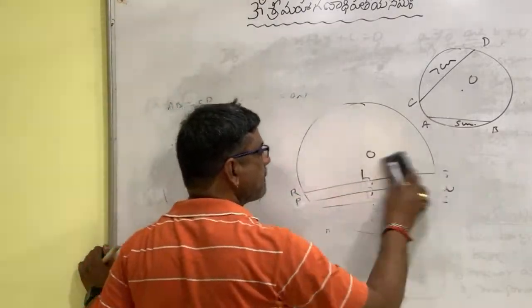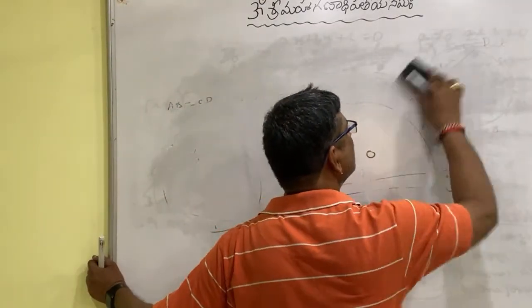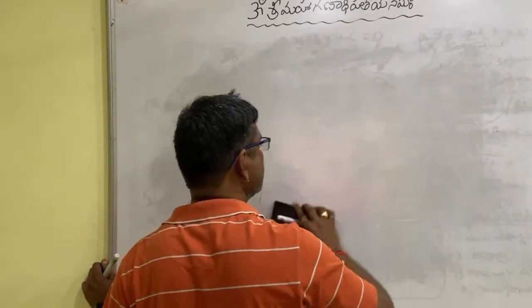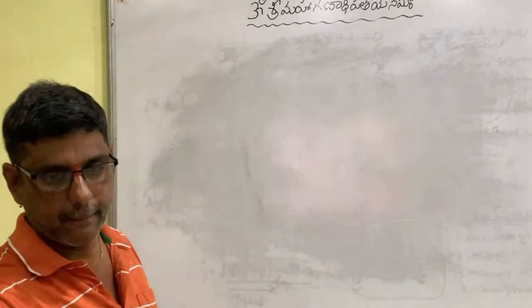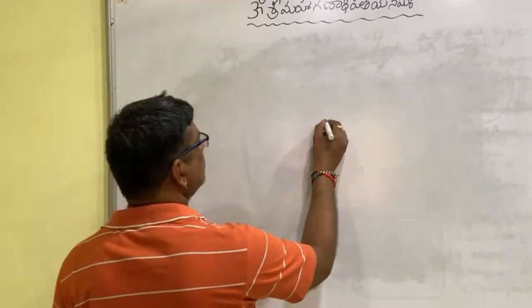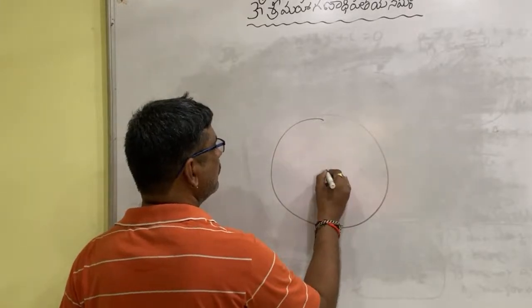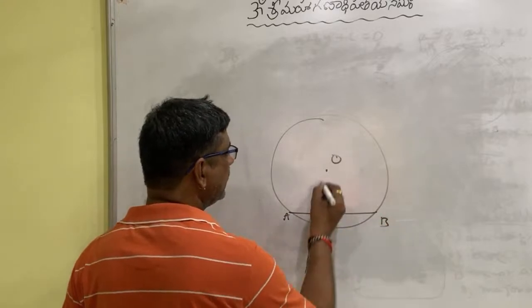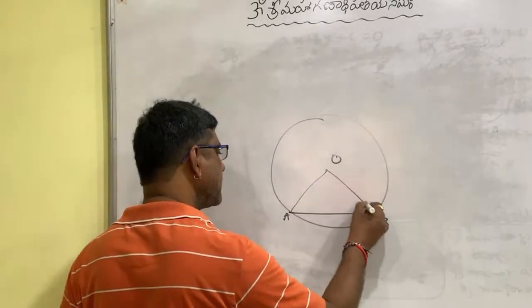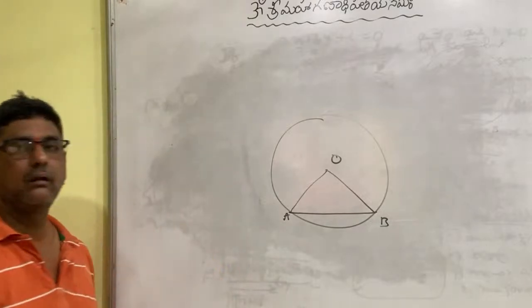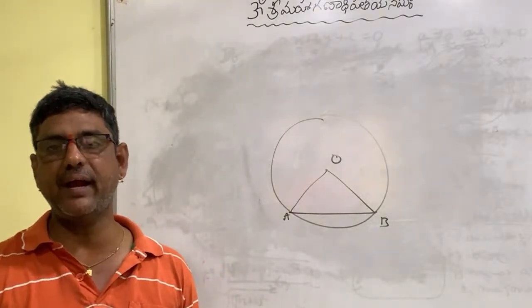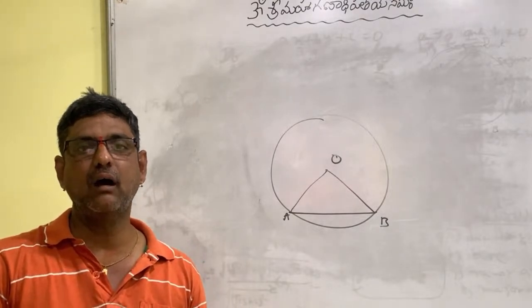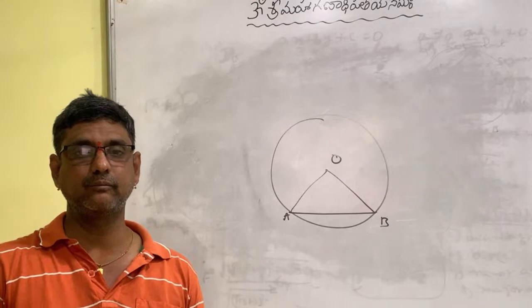And one more. O is the center of the circle, AB is the chord, and the endpoints of the chord are joined with the center.